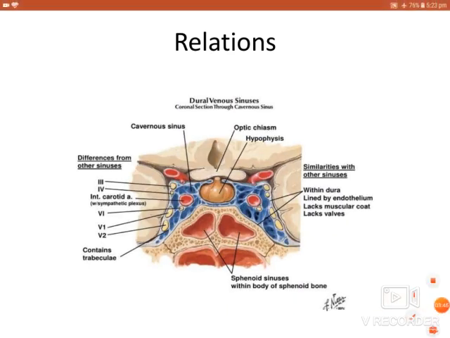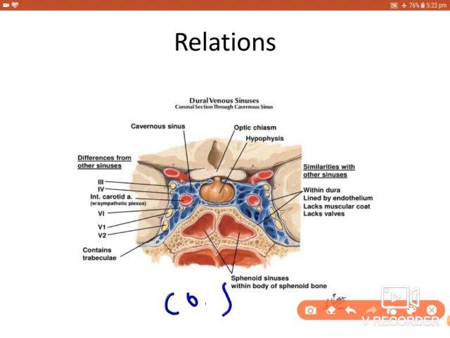Here you can see the coronal, or frontal, section through the pituitary. This is the superior aspect, this is inferior, this is the lateral aspect. See this pear-shaped structure, a neuroglandular body. That is the pituitary, and it is covered by the diaphragma sellae, which is a meningeal layer of dura mater.